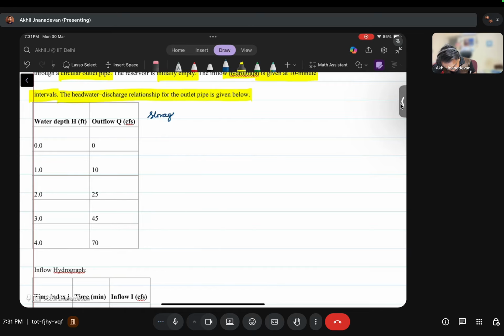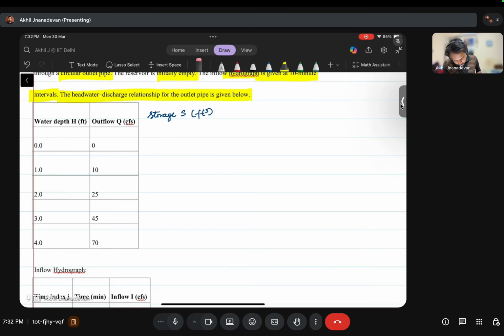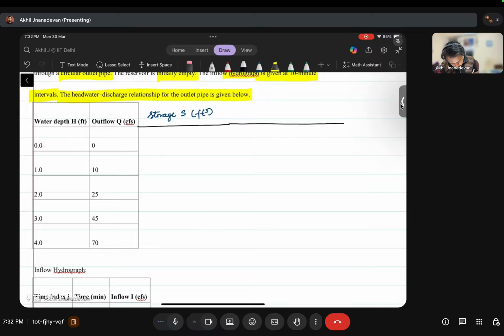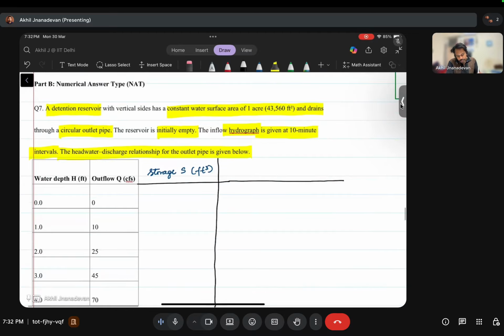Storage S in cubic feet. So how can we find the storage? We are given the head.